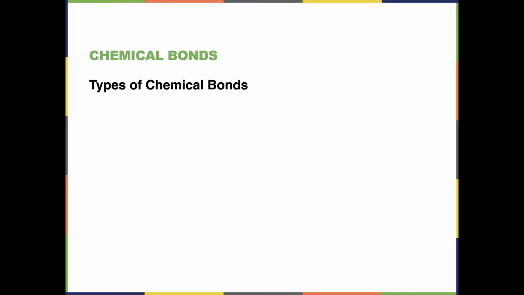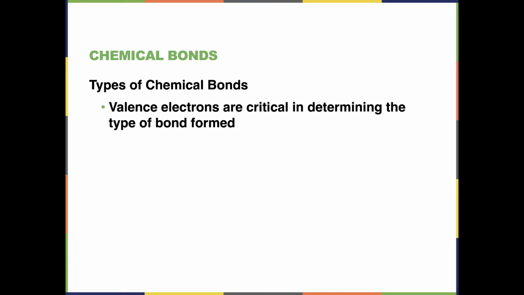The types of chemical bonds are determined by the valence electrons that are available and how they interact. And remember, a valence electron is an electron in the outermost shell of the atom.